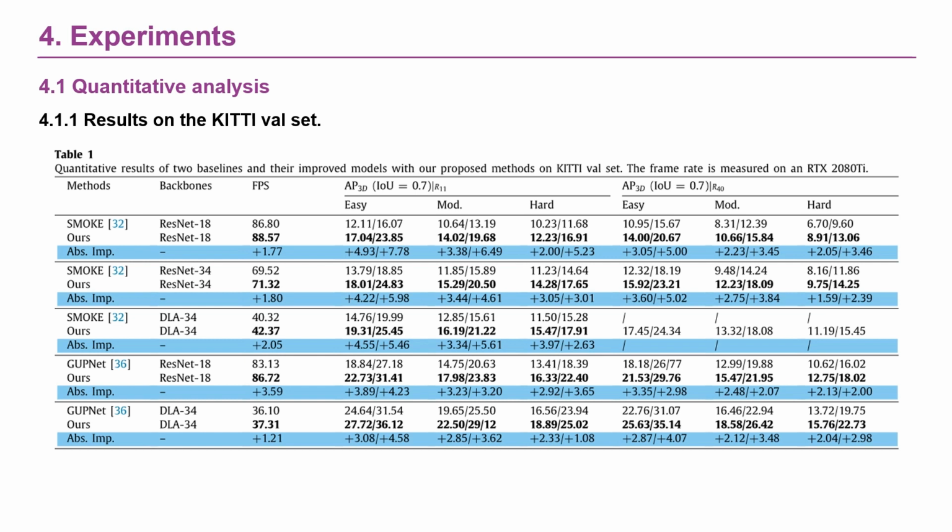Besides, our improved GUP-Net with DLA34 surpasses the baseline under easy, moderate and hard levels by +3.08, +2.85 and +2.33 in AP3D, and by +2.87, +2.12 and +2.04 when using the AP-BEV metric.